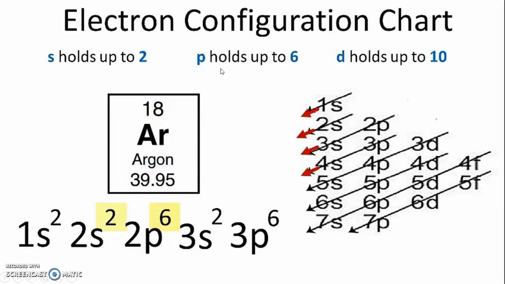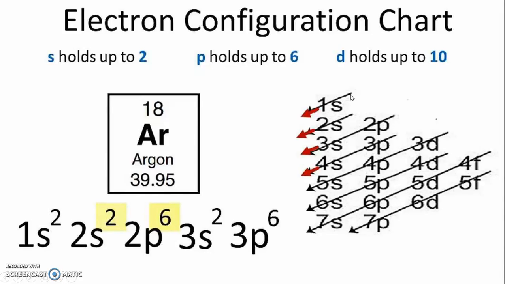The P bus has 3 seats, which holds 6 students, and the D bus has 5 seats, which holds 10 students. And so for argon, right here, which has 18 protons, a neutral atom of argon would have 18 electrons to match those protons, because there's no charge involved just yet.